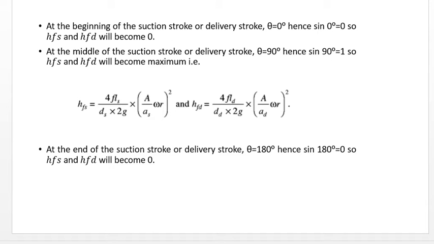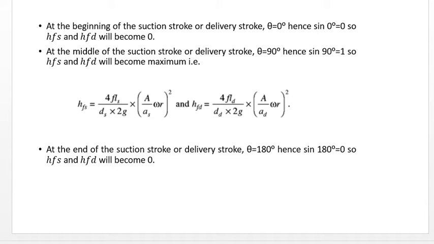So at the beginning of the suction and delivery stroke, when θ is equal to 0 degrees, sin θ will be 0. Sin 0 will be 0. So HFS and HFD values will become 0 at the beginning of the suction or delivery stroke.